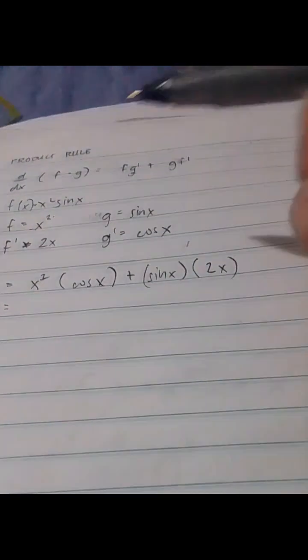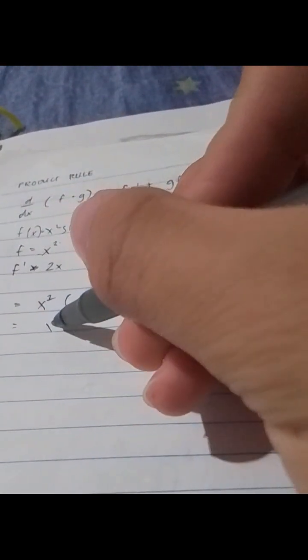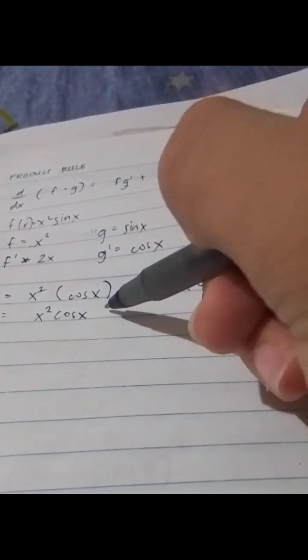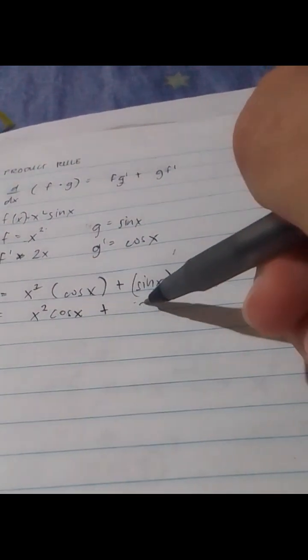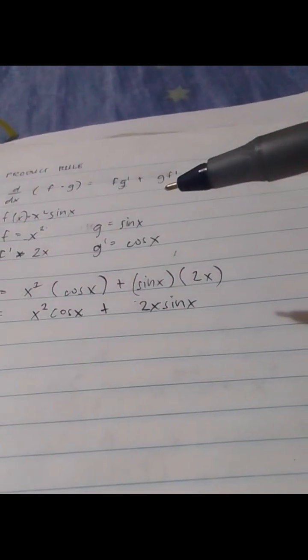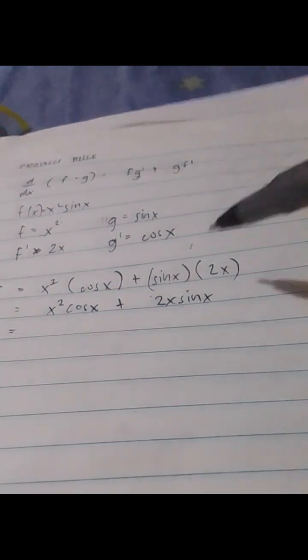So, we multiply this one. X squared times cosine x is equal to x squared cosine x, plus sin x times 2x is equal to 2x sin x. To simplify this, ilabas natin ang x.